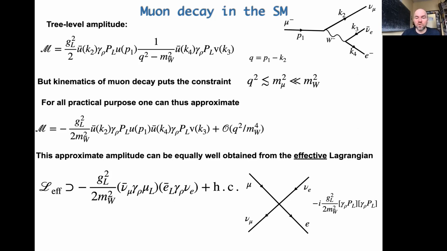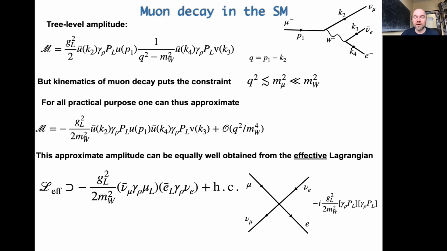And this point of view is not only simpler, since you get rid of one particle, but it's also much more powerful from the calculational point of view. If you're trying to calculate muon decay or any low energy process in the full standard model or in the full SMEFT, you run into problems as soon as you leave tree level.